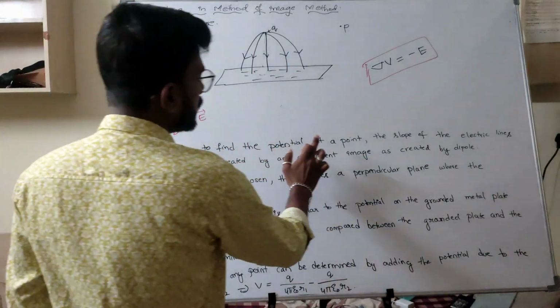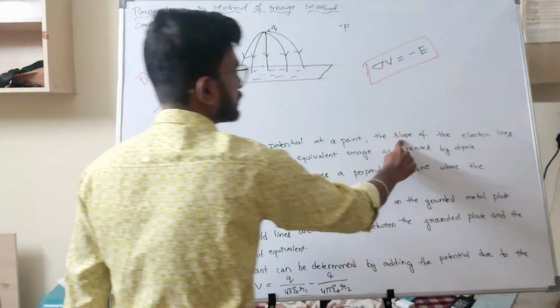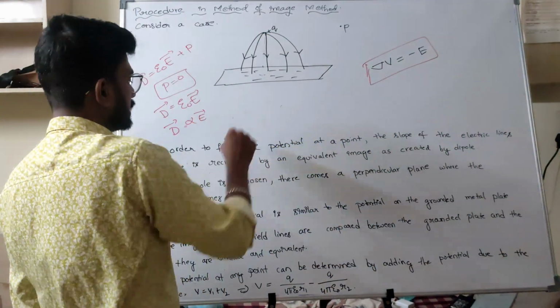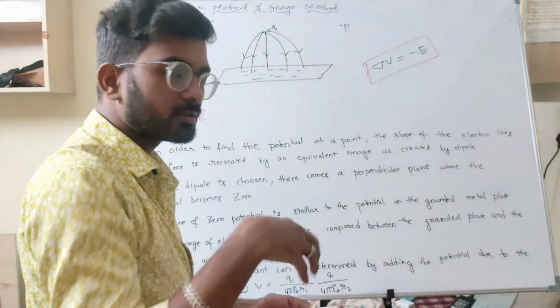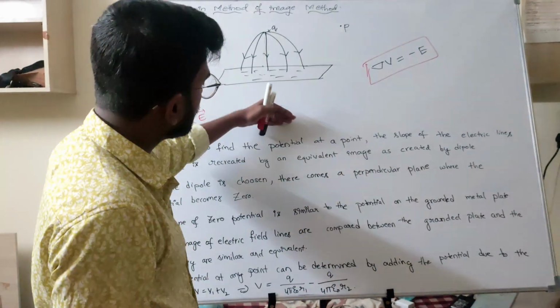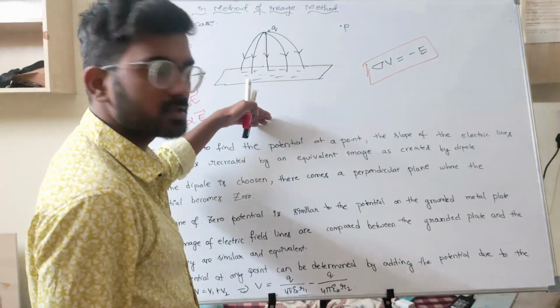In order to find the potential at a point P, the slope of the electric lines of forces is recreated by an equivalent, like these electric lines of forces are recreated by the image charge. How is this image charge present?